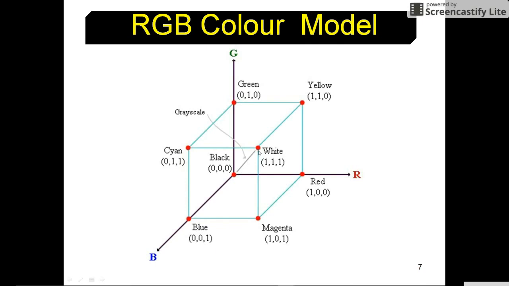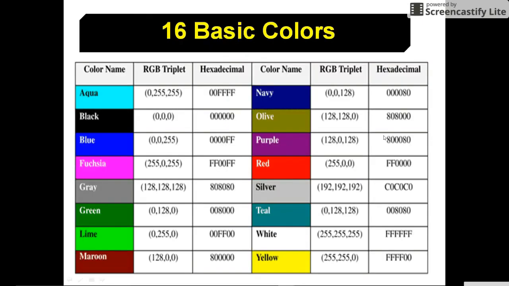The unit place would be occupied with white with 111. Yellow may contain one value for green, one value for red, but zero value for blue. So on. We can have any intermediate values. This is the way of defining it.